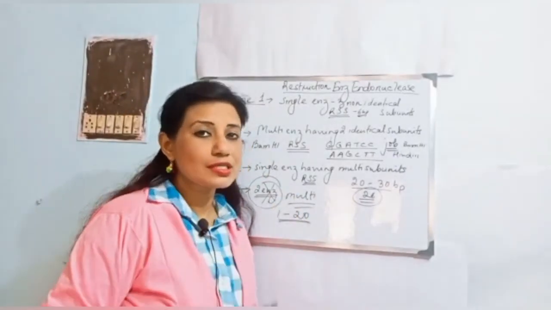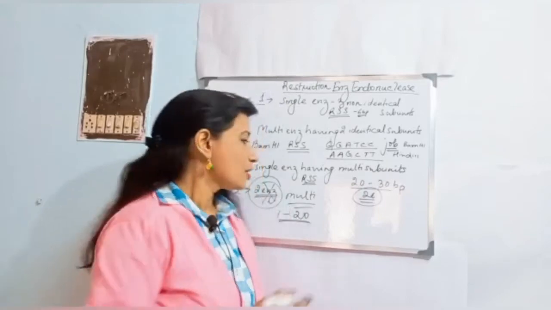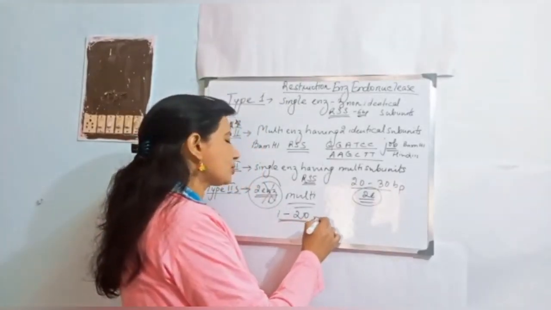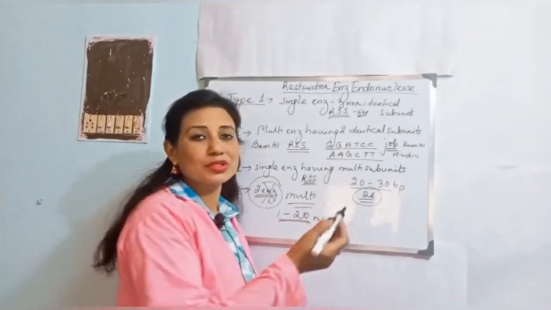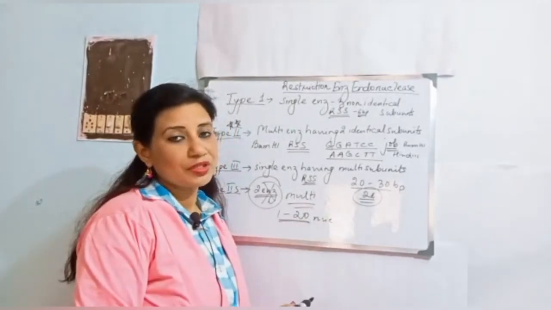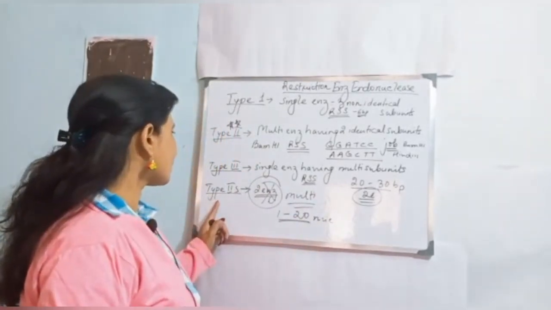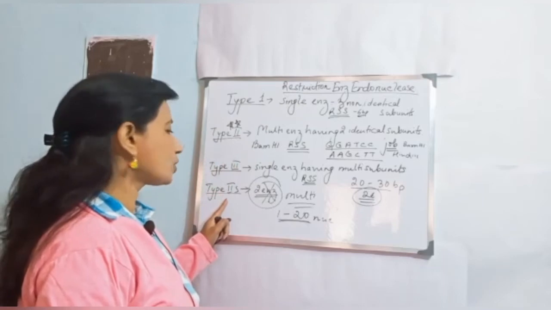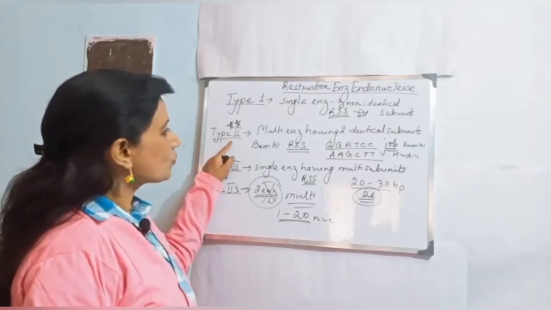After recognizing the particular signal sequence, it will go 1 to 20 nucleotides afterwards, and then it will cleave. But still you can say type 2 is preferred, not type 2s. Type 2 is always preferred.